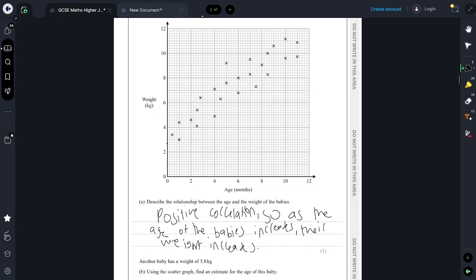Now, I won't be able to do this accurately, because I'm on digital. I don't have a ruler or anything like that, so this is going to be quite a bad one. But generally, you want to draw the line of best fit so that roughly half of the points are on one side and half on the other. Oh no, that's not curved. You don't want it curved.